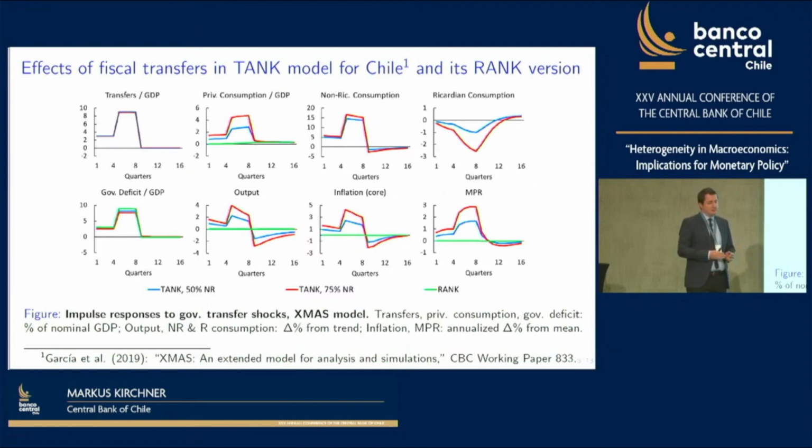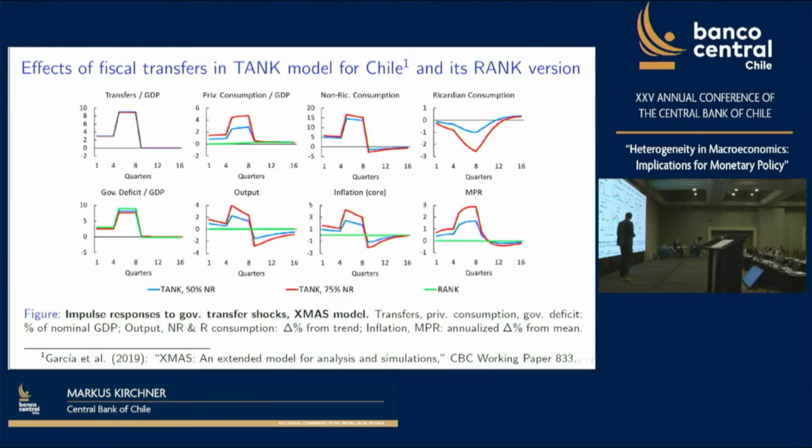So among other things, we have government investment and we have transfers. And these transfers have an impact on macro variables because there are non-Ricardian households. So we have a share of hand-to-mouth consumers, or non-Ricardians, that consume all of their disposable income. In our baseline calibration, since it's an estimated model, there's 50% of non-Ricardians.